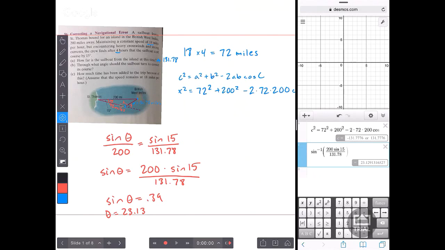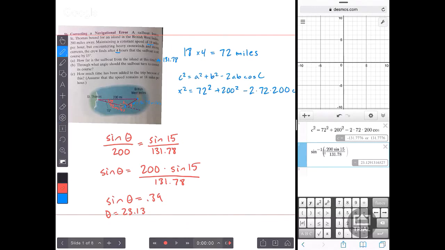Okay, but I'm guessing I probably lost some people on that. So I'm going to back up. I'm using law of sines, and I don't realize that I have what I need. What should I do instead? Sine of theta gave 23.13. It's not possible that this angle theta is 23.13 degrees.